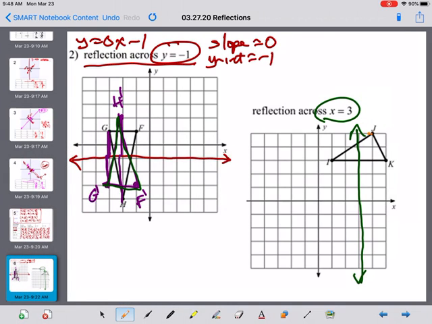Here the J is 1 unit away, so J prime is 1 unit on the other side. K is 2 units, so it becomes 2 units on the other side, and then the I is 2 units. So essentially the K and the I just swapped places. And there's the image, J'K'I', right there.